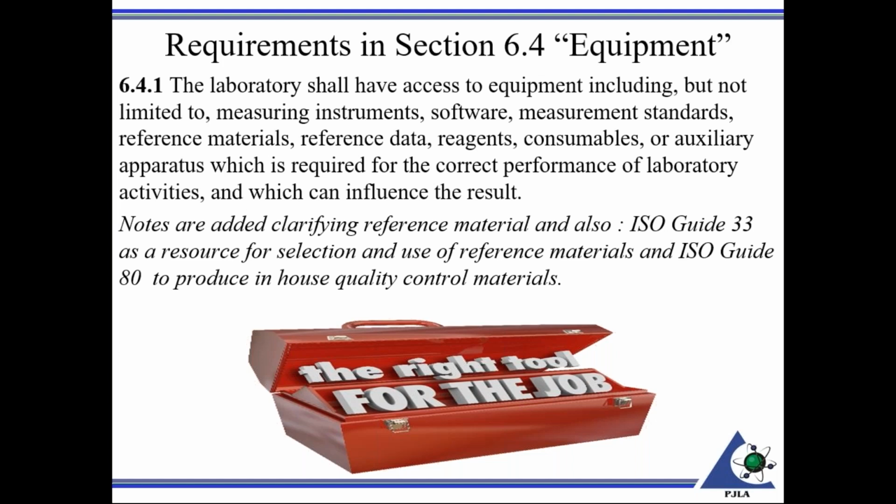However, this section does expand on the definition of equipment to include measuring equipment, software, measurement standards, reference material, reference data, reagents, consumables, or auxiliary apparatus. So 6.4.1 requires that you have access to the equipment which is required for the correct performance of laboratory activities, which could influence the results.